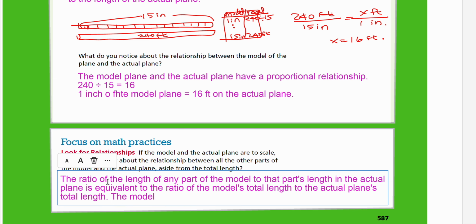The model and the actual plane have a proportional relationship.